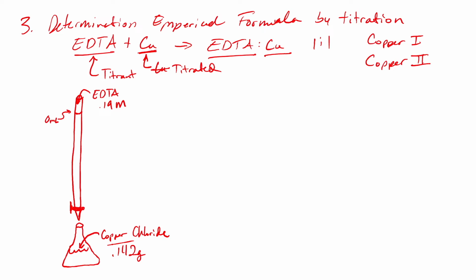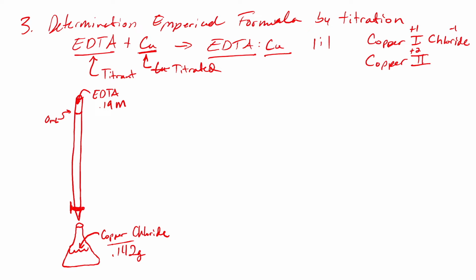Okay, so copper 1 has a charge of +1, whereas copper 2 has a charge of +2. And so if you wanted to make copper 1 chloride, all you would need then is a single chloride because chloride has a -1 charge. So a -1 plus a +1 makes a 0. So that's going to be copper 1 chloride.